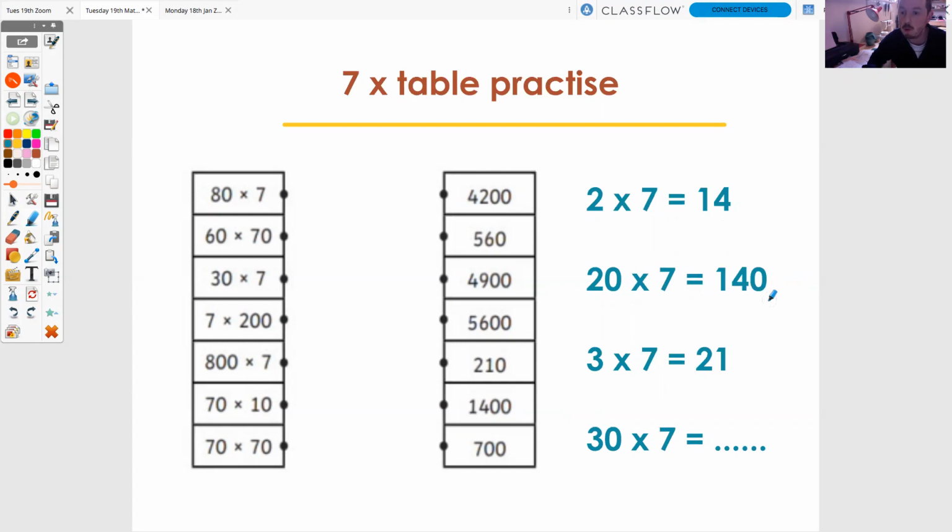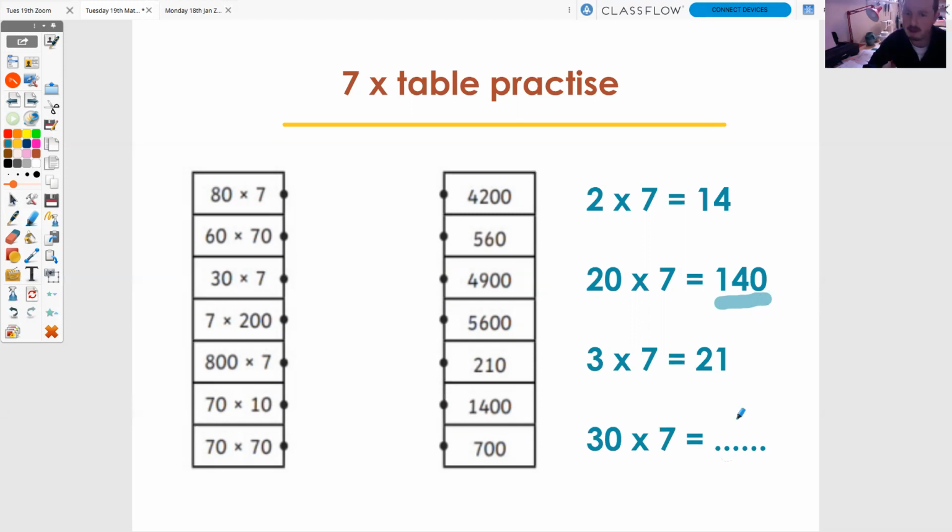And all I've done there is make the number 10 times bigger, which often means adding a 0 on the end. Although teachers aren't really meant to say just add a 0 on the end when you times something by 10, because it doesn't work with decimal numbers, and you will get a bit of a muddle and a mess. But in this instance, there's no decimal numbers, so you can just add a 0 on the end.